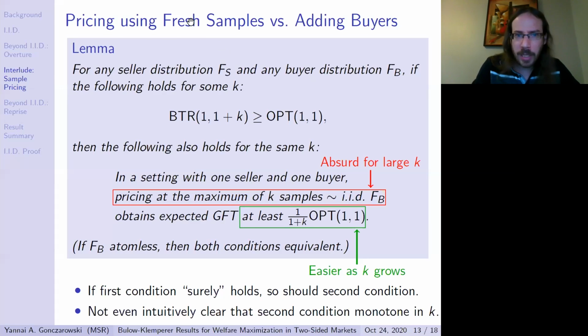So given this information that I just told you, let me ask you again, what do you think about how many buyers it suffices to add? Please vote again, even if you already voted. You don't need to vote the same.